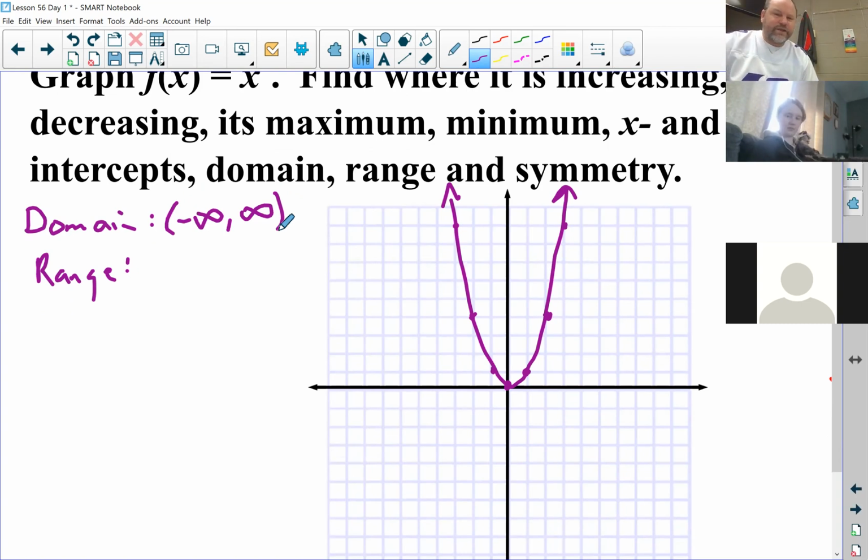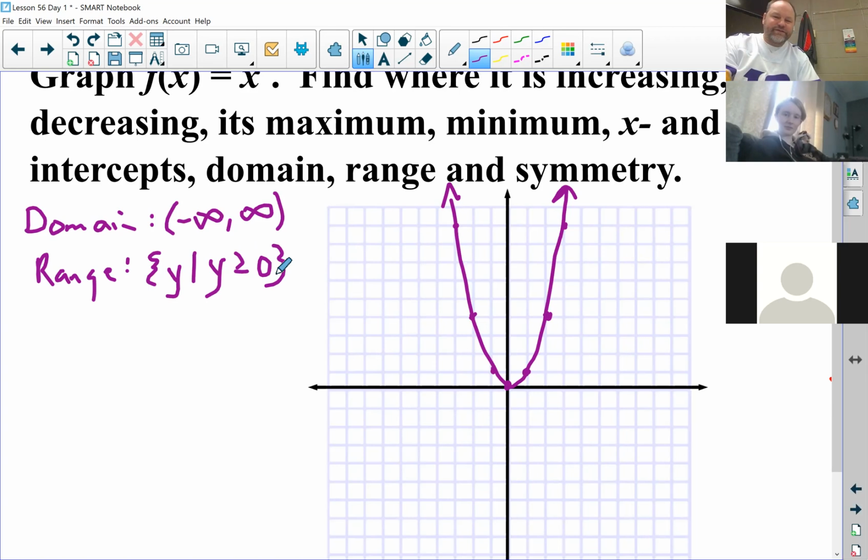What about for the range? The range has to be greater than 0. I'm going to make one little adjustment to that because it could be equal to 0. Otherwise, perfect. So that's your domain and your range.